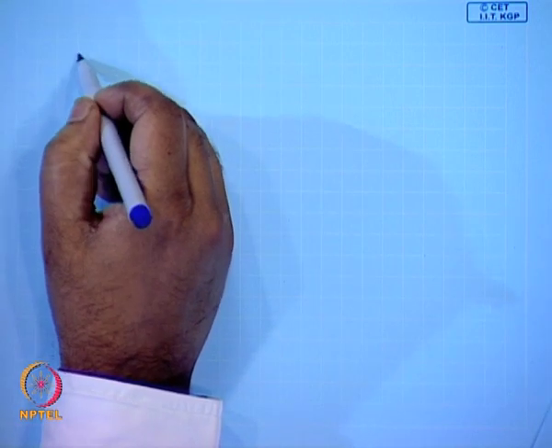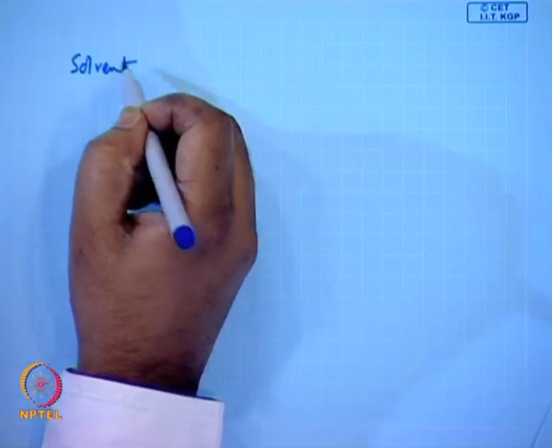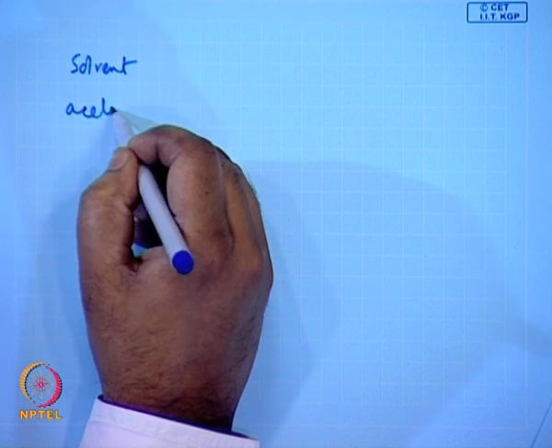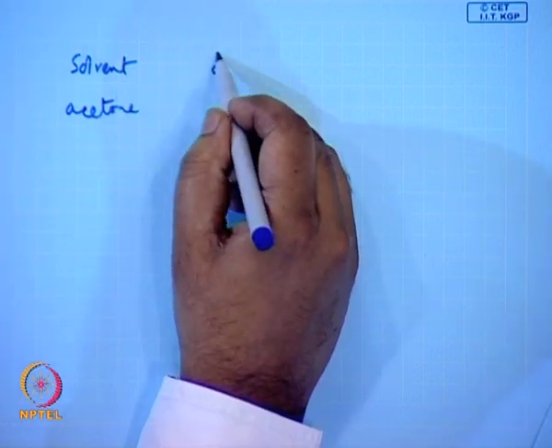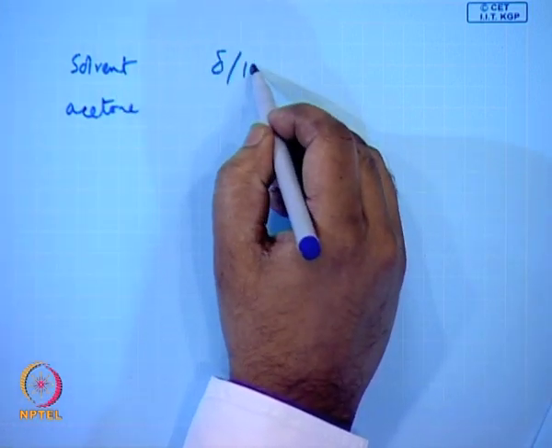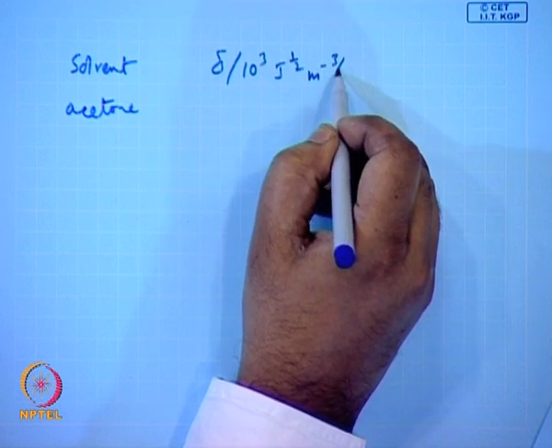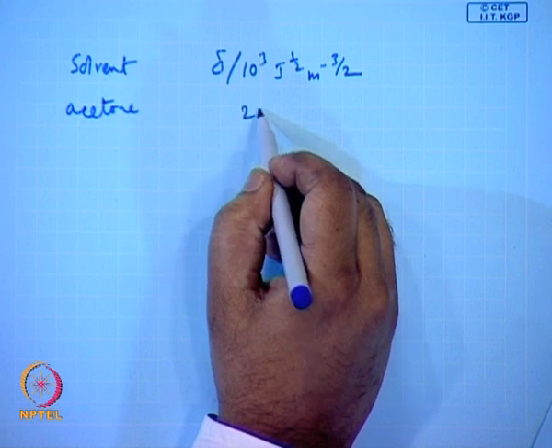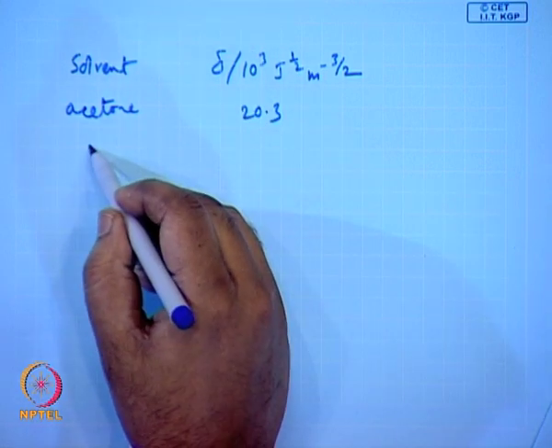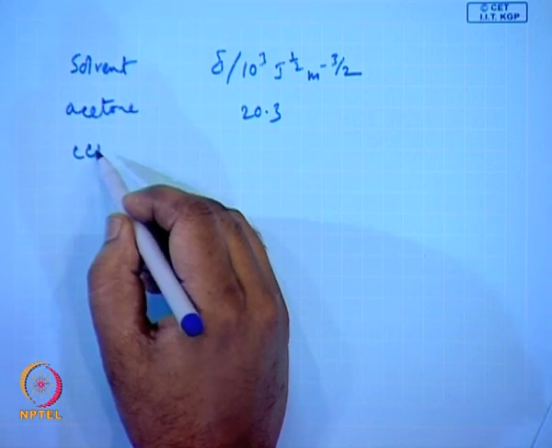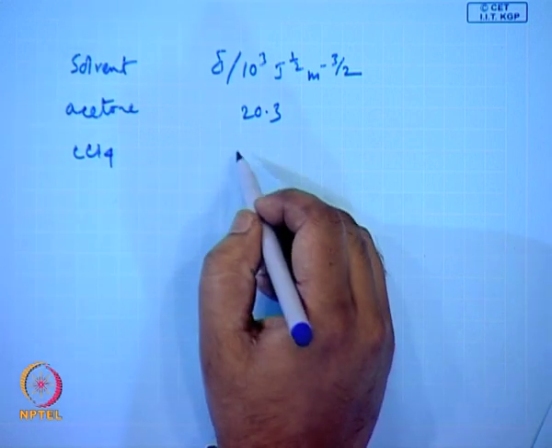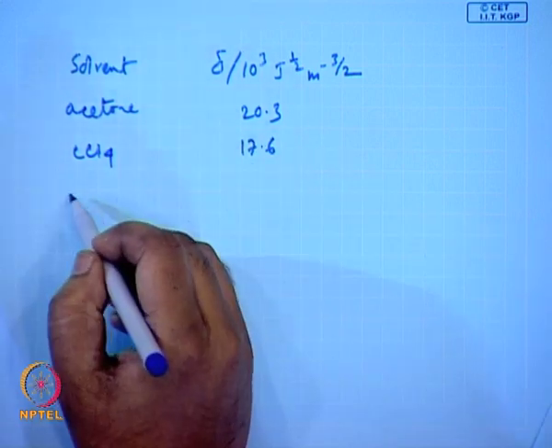Now, look at some of the values for some polymers and common solvents like acetone, whose delta value is 20.3, and CCl4.